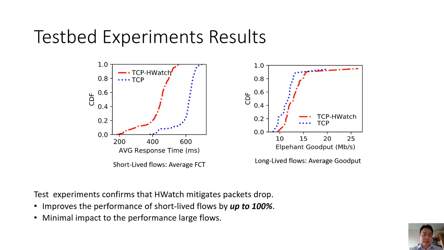As you can see here, EdgeWatch also improved the performance of short-lived flows by up to 100%. But at the same time, it keeps minimal impact on the performance of the large flows.